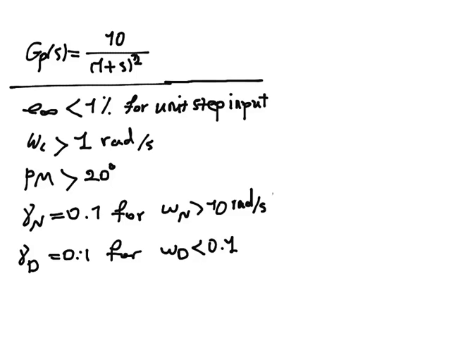Hello everybody. In this video, we try to design a compensator in the frequency domain for the given system. As you can see again here, GP is equal to 10 divided by 1 plus s squared as the transfer function.